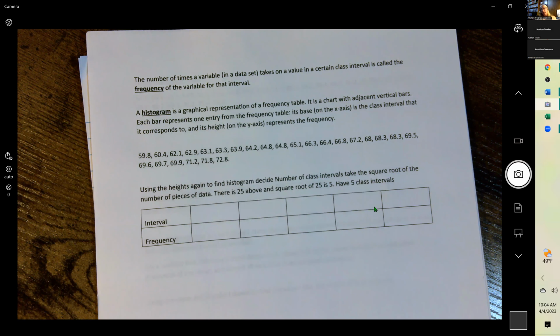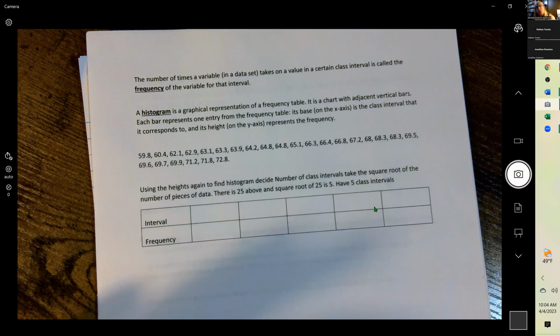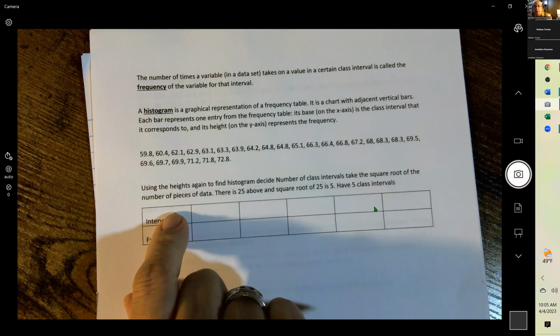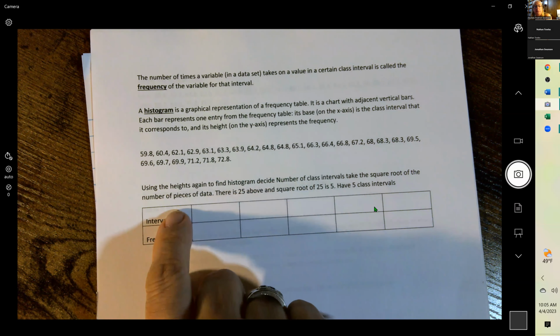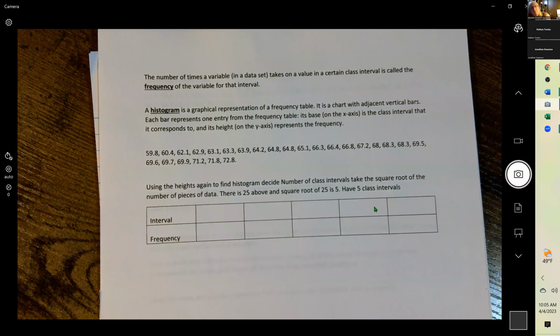To find the interval, you need to decide how many intervals you should have. One way of choosing is to find out how many pieces of data you have. In this case, there's 25. And these are the heights that we've used before. I think they were the heights of students from the previous problem.